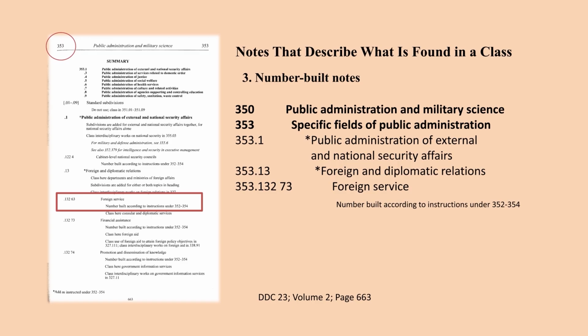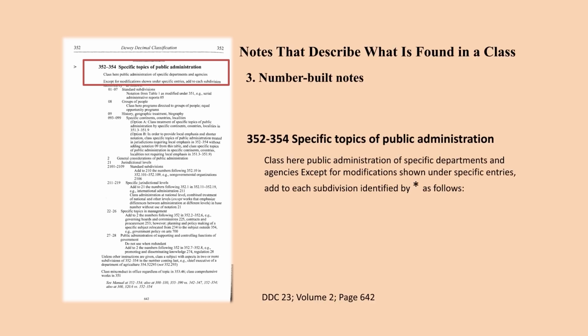But in the case we are discussing now, the Foreign Service, there is a number built note that mentions the number built according to instruction under 352 to 354. So any subdivision under 352 to 354 can be added with the Foreign Service, that is 353.13273. We can add any subdivision or any extended subdivision that has been recorded in 352 to 354.